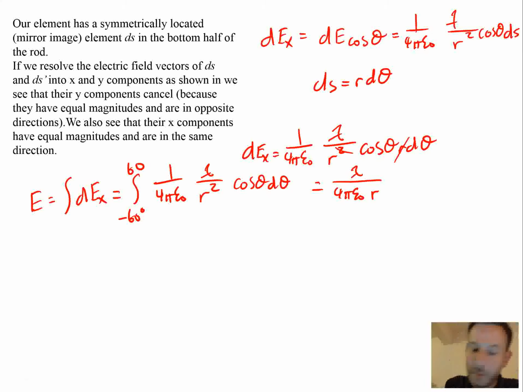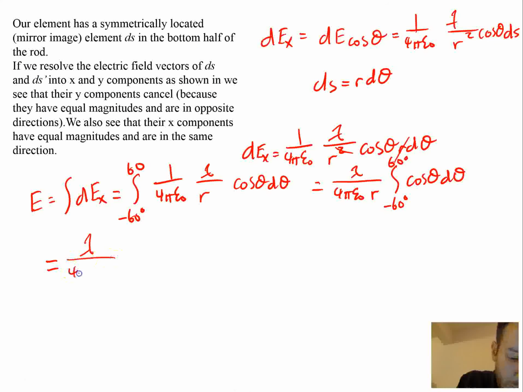We just have one r on the bottom now. And we put the rest inside the integral, cosine theta d theta.